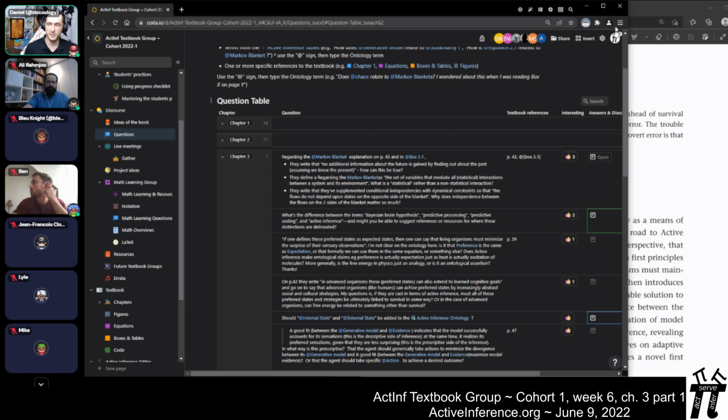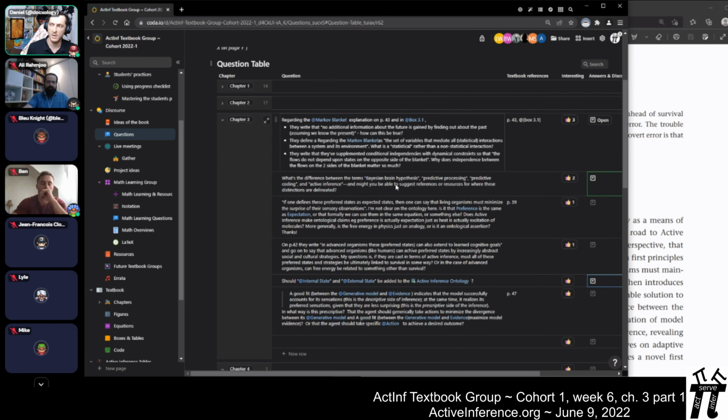Maybe just a first idea of the book, turning to questions now that we've at least gone through chapter 2 once and part or the whole of chapter 3. What is the high road to active inference?